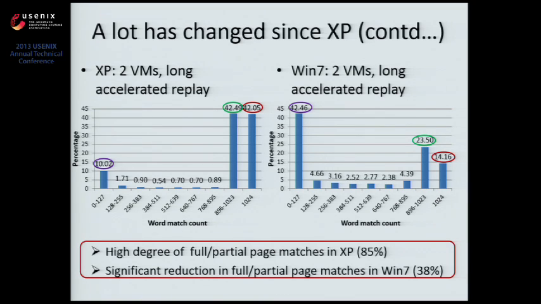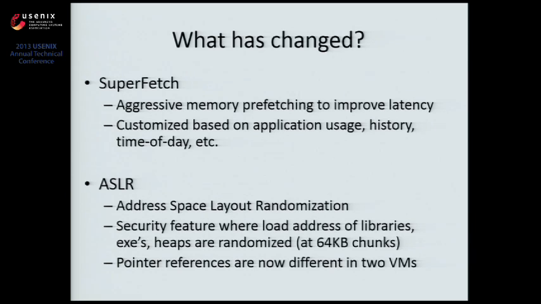And with Windows XP, about 85% of the pages are identical or almost identical, say the last two bars in that graph. With Windows 7, the number is 38%. So we have done pretty much the same app, same input, but the memory is very different. Why is that? Obviously, Superfetch is playing a role, but the other thing playing a role is ASLR, which is address space layout randomization.